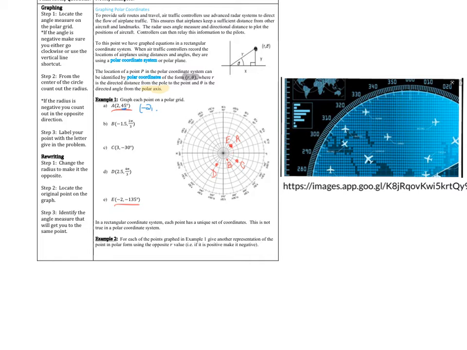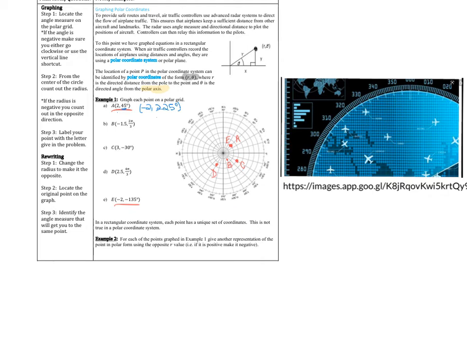So 180 plus 45 will get me 225 degrees. So this coordinate, negative 2, 225 degrees, is the same point as A, but you have an opposite R value. It just gives you a different direction to go.